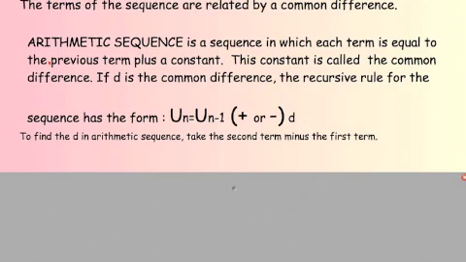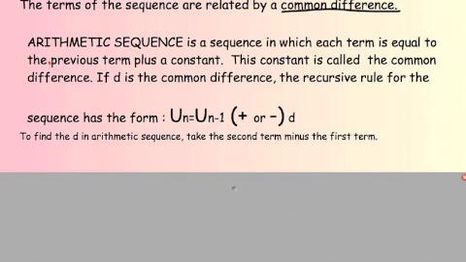All right, so let's move on to the next set of definitions. The two examples that we did earlier are called arithmetic sequences. Okay, that's a vocab word that you should know. You should write that down. The terms of the sequence are related by what we call a common difference.